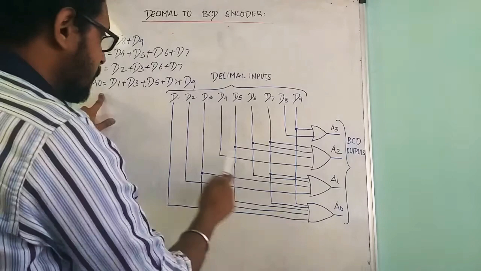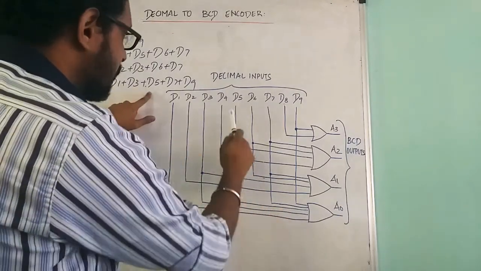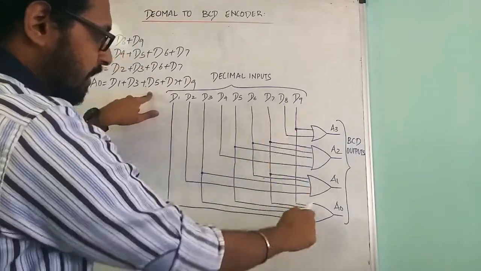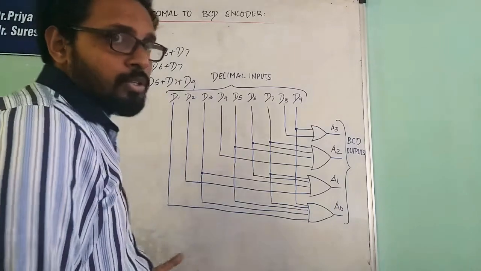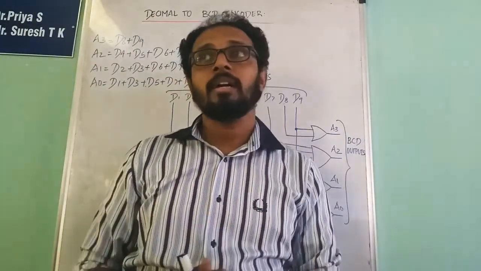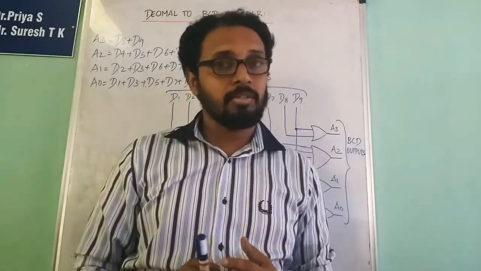And A0 is equal to D1 plus D3 plus D5 plus D7 plus D9. This is also an easy method, but we need to have some concentration when we construct it, otherwise there can be mistakes in the full figure.